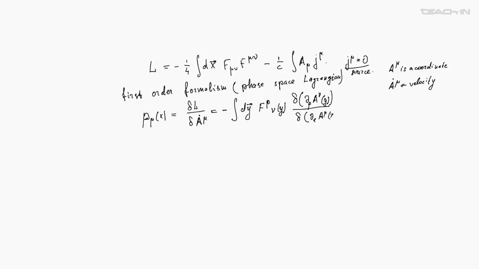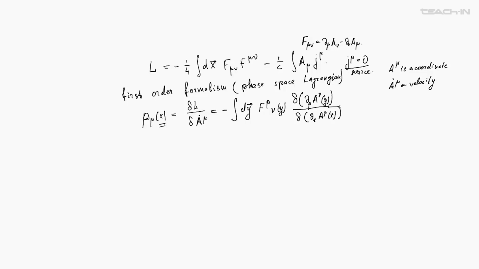So you see, F_{μν}, just to remind, is ∂_μ A_ν minus ∂_ν A_μ. And since F comes quadratic, when we do variation, we first vary F squared, so it gives the coefficient 2. And then variation goes to F, and coefficient -1/4 becomes -1/2.